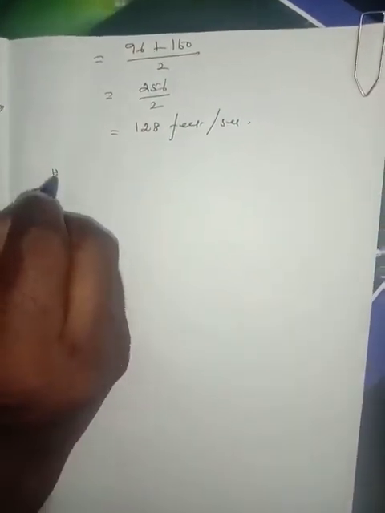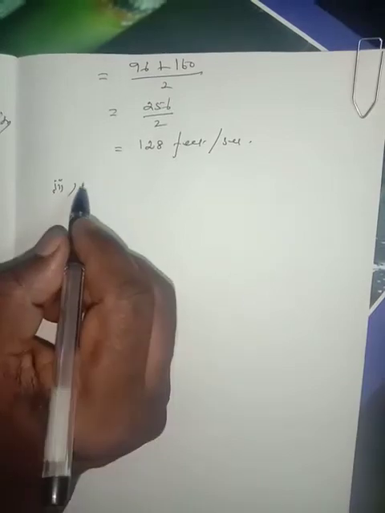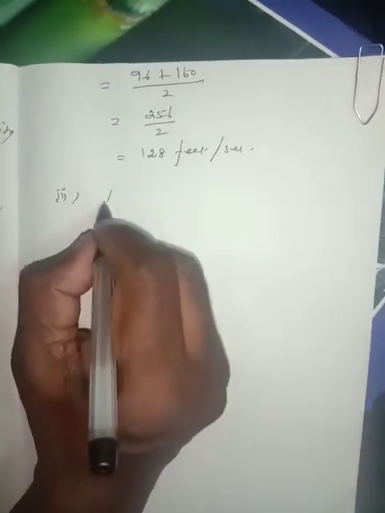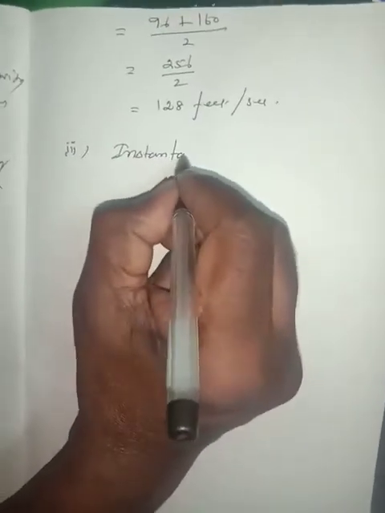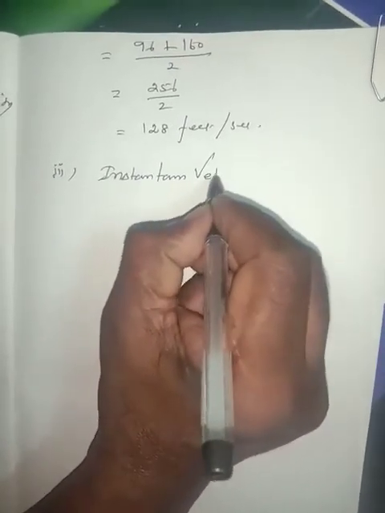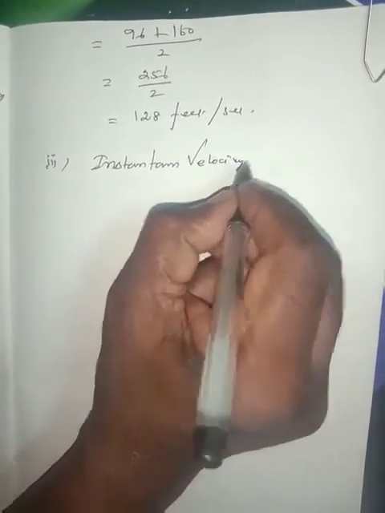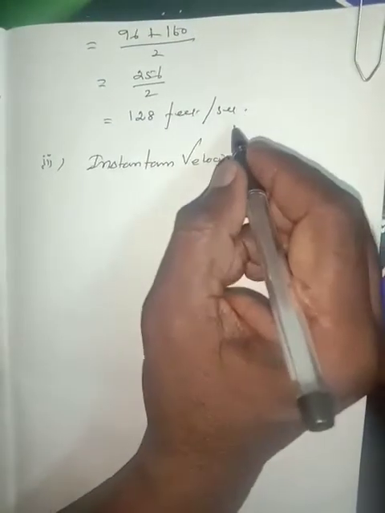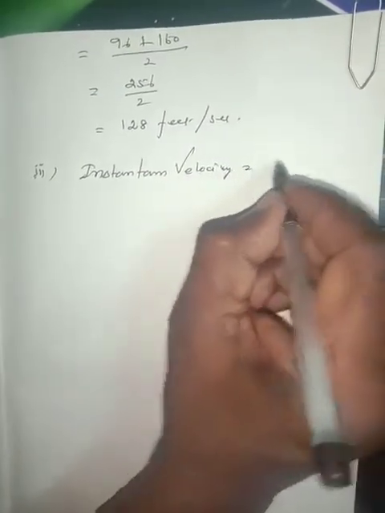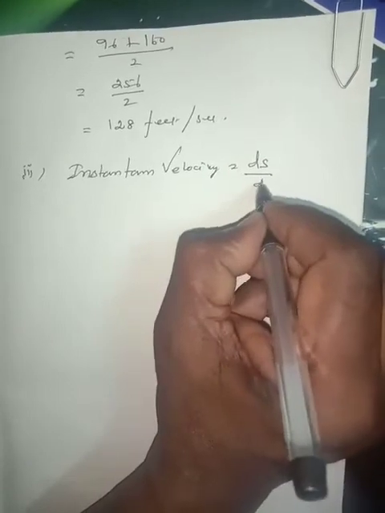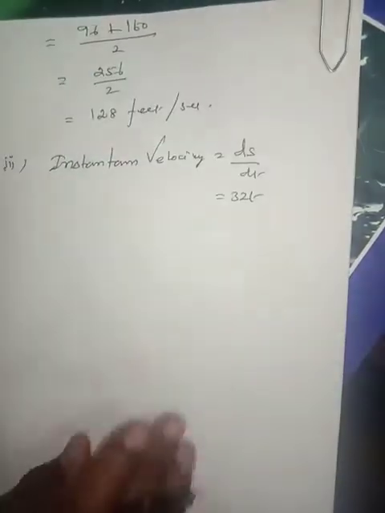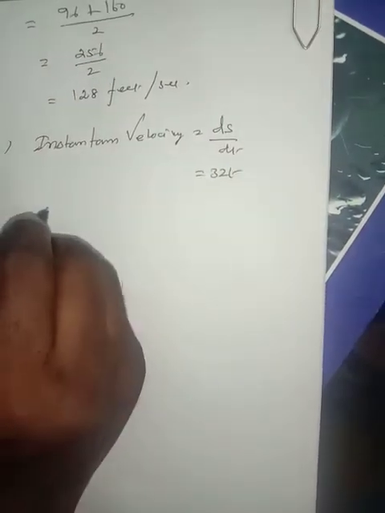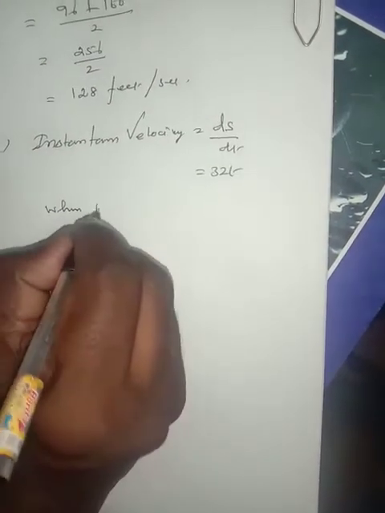Subdivision number 3: instantaneous velocity. Instantaneous velocity is ds by dt, which is equal to 32 t when t is equal to 5.